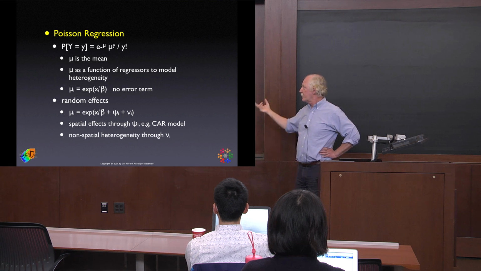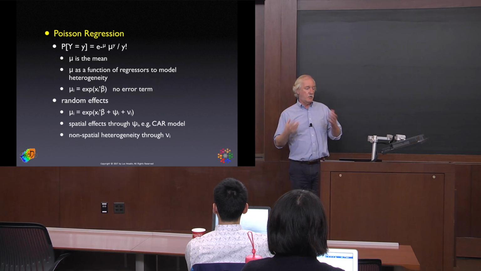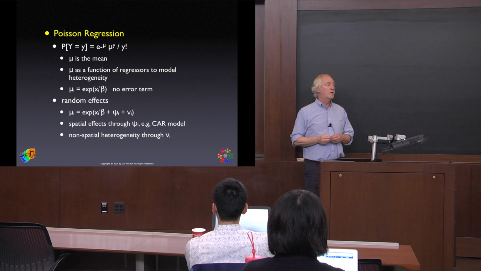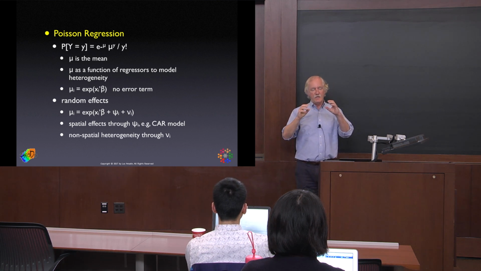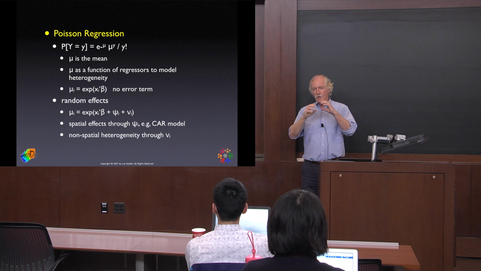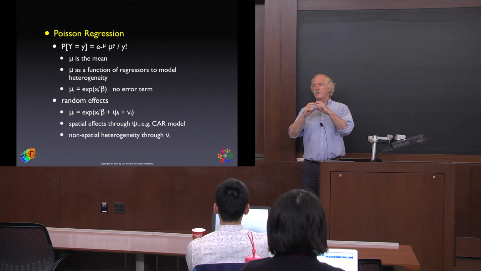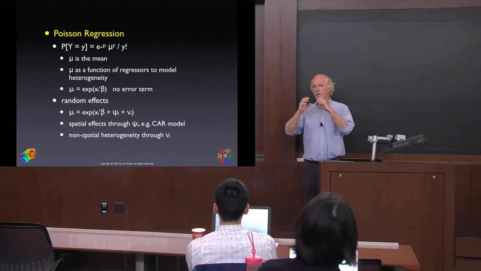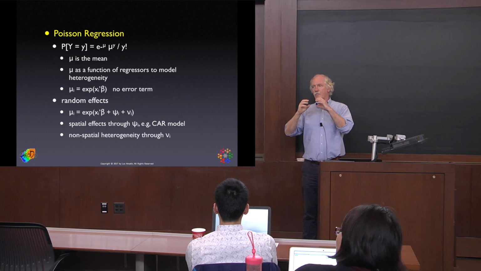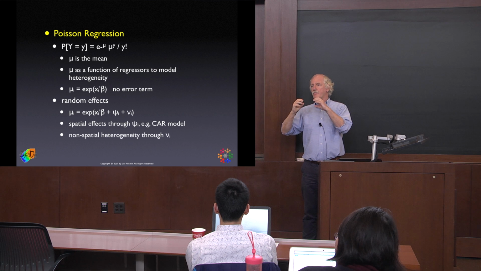And typically, this is where we use these conditional autoregressive models, which in essence say that the intensity of the process will be correlated spatially, but not directly, instead through some additional random effect, right?